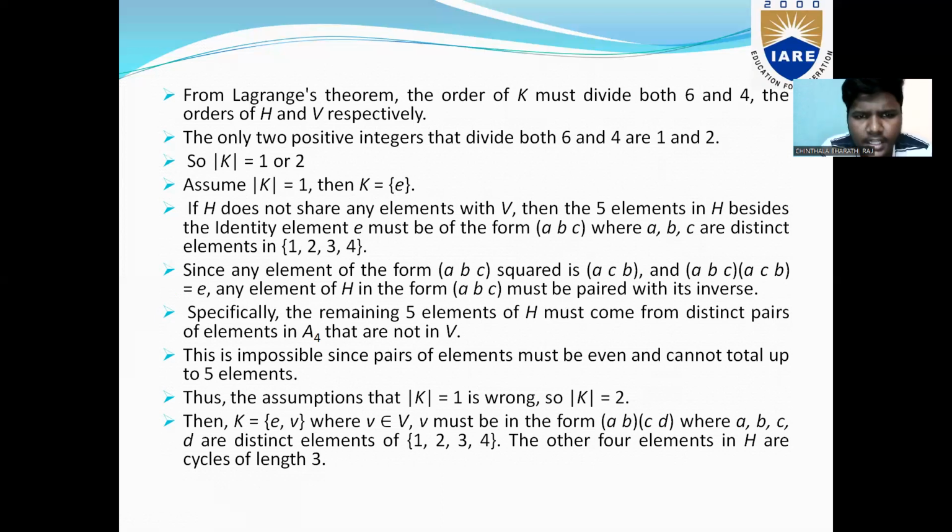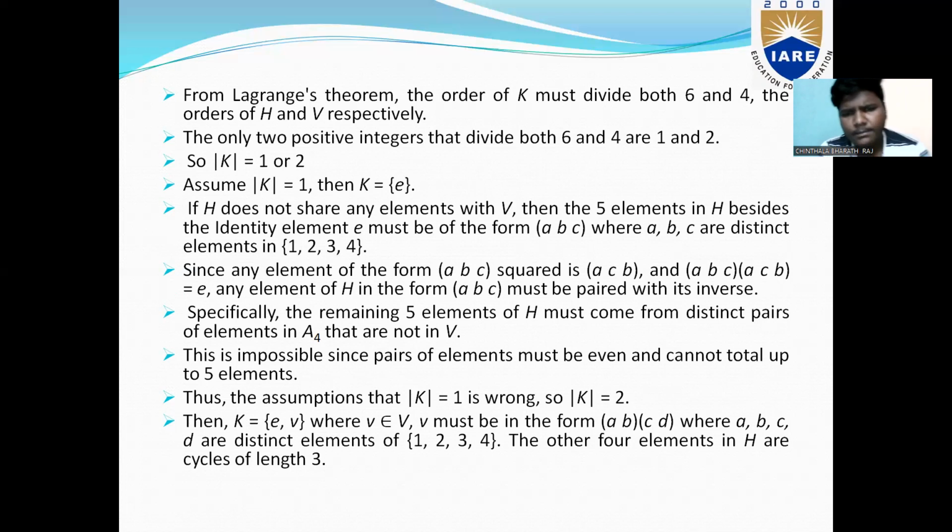If H does not share any elements with V, then the elements in H besides the identity e must be of the form (a b c), where a, b, c are distinct elements in 1, 2, 3, 4. Since any element of the form (a b c) squared is its inverse, and (a b c) cubed equals e, any element of H in the form (a b c) must be paired with its inverse.